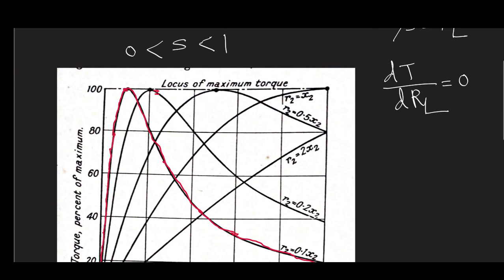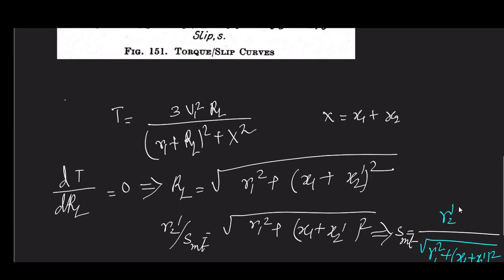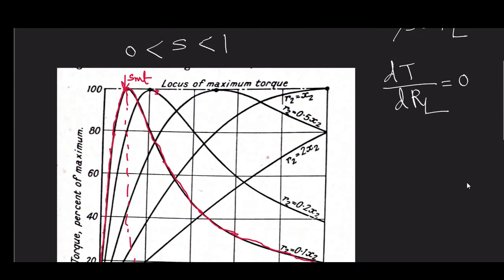At this point our slip is SMT, and if we see the expression of this SMT, it is a ratio of R2 dash with the remaining circuit parameters. So if you increase R2 dash, obviously this SMT will increase.